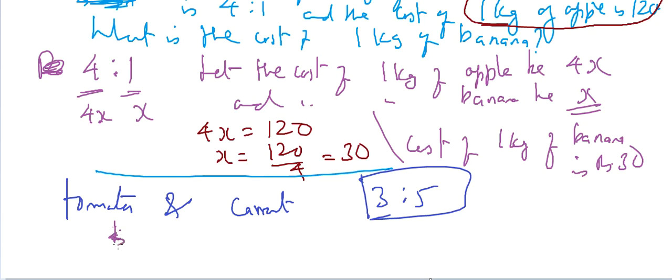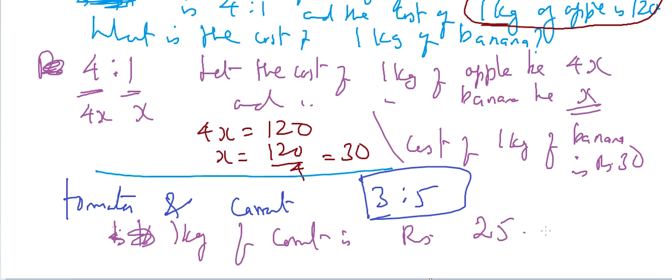Suppose it's given that 1 kg of carrot is 25 rupees.